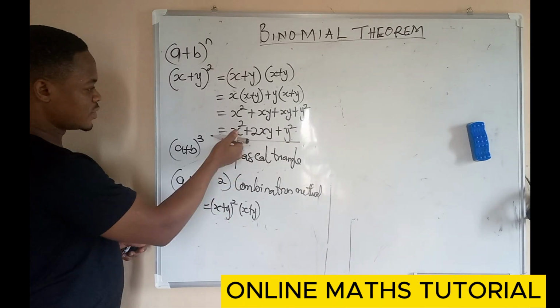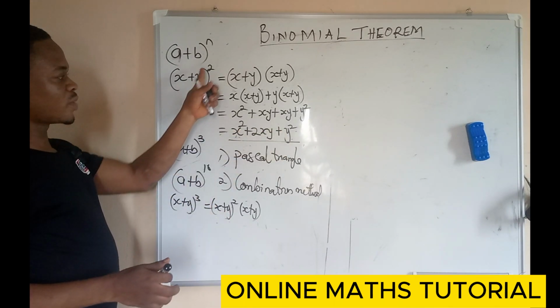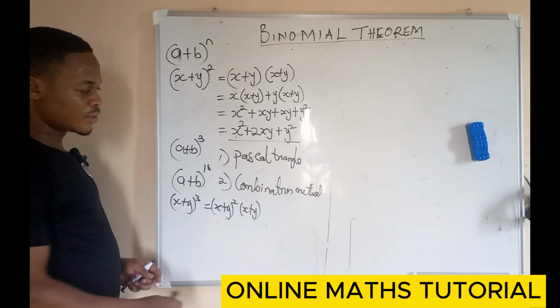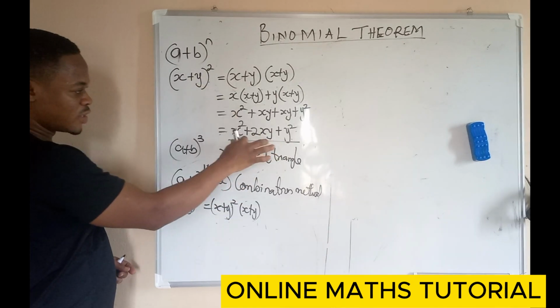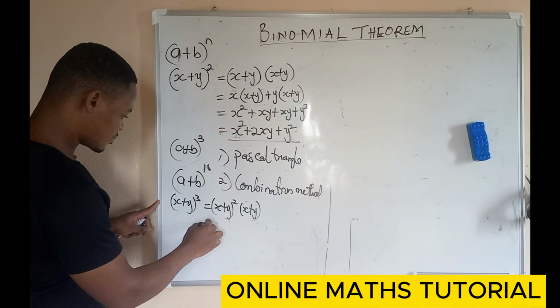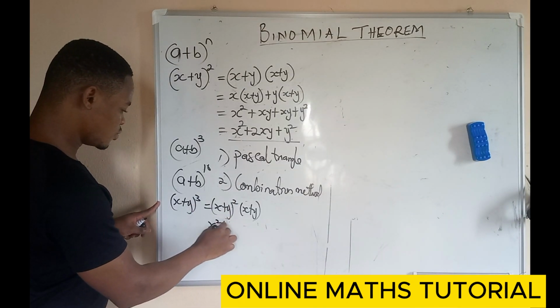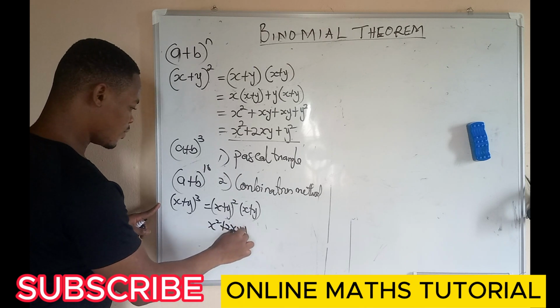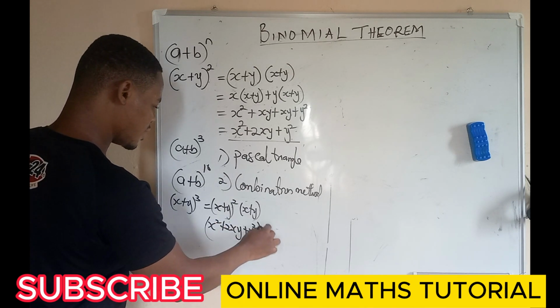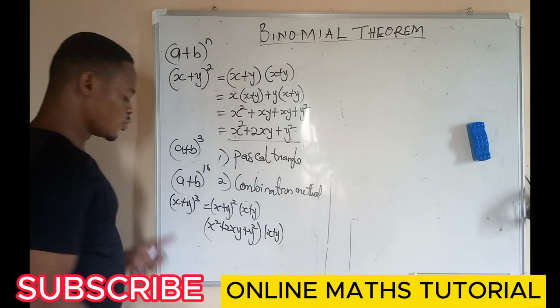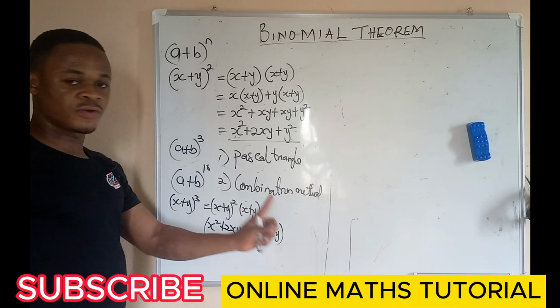And I want to use this value we have gotten already from (x + y) raised to power 2. So if we expand only this, it will give us x raised to power 2 plus 2xy plus y raised to power 2, all into (x + y). So we now use this to multiply all of this.